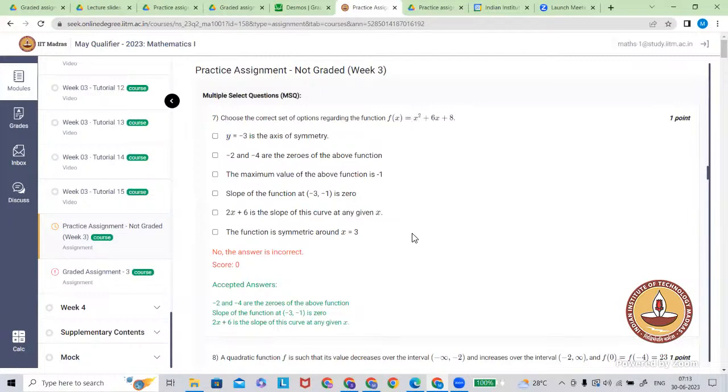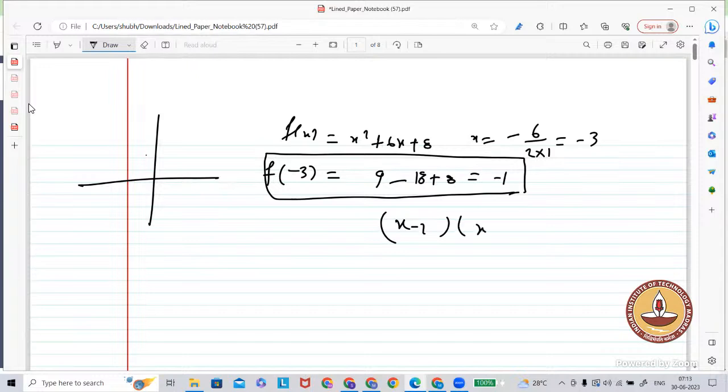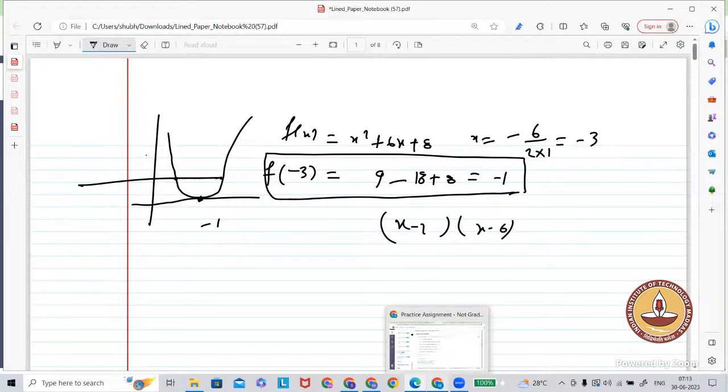If a is positive, how will the parabola be? It opens upward, so this function gives the minimum value, not the maximum value. The roots are -2 and -6. So it will be like this. Sorry, sir, I got it. Yes, it is -1 here. Thank you, sir.